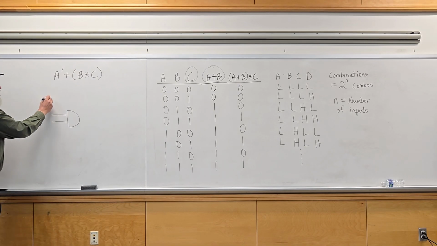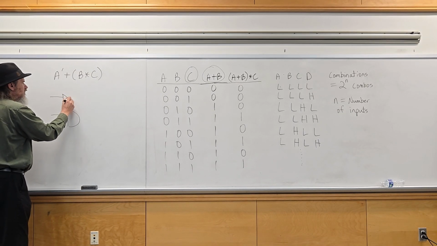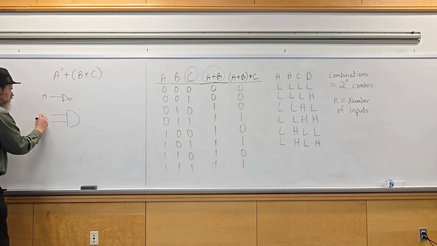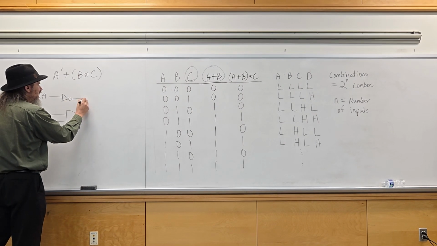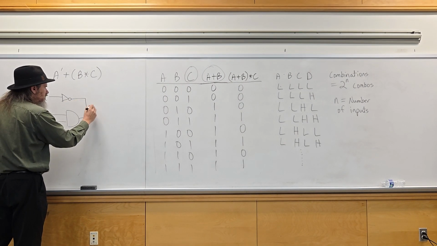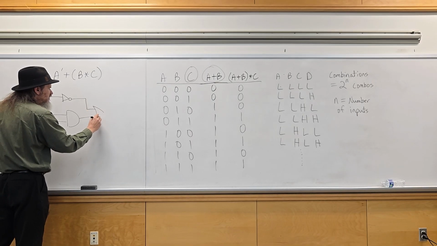So you'd have an inverter on A, and then you would OR the inverted A with the ANDed B and C.